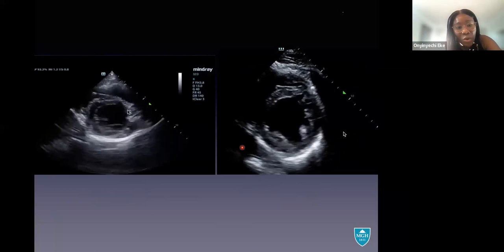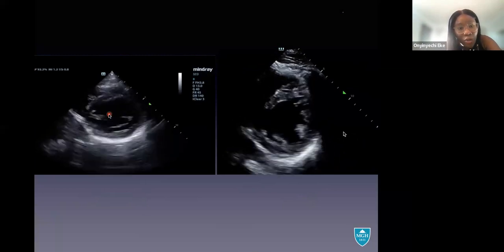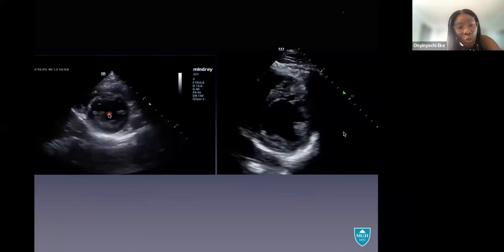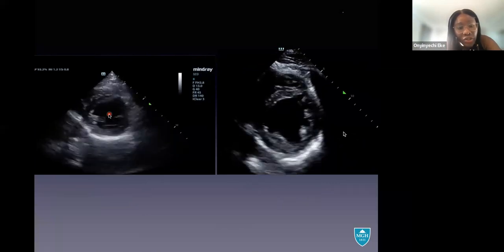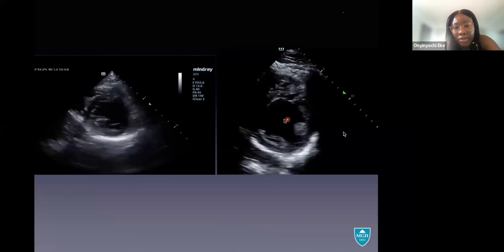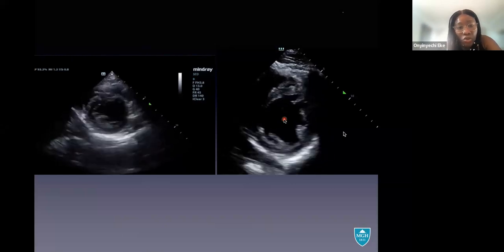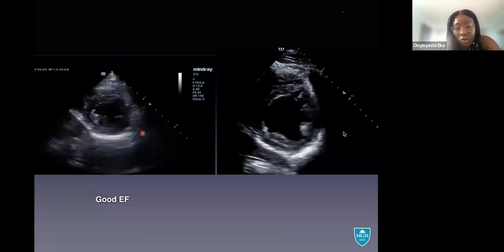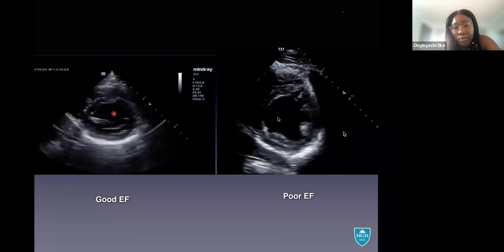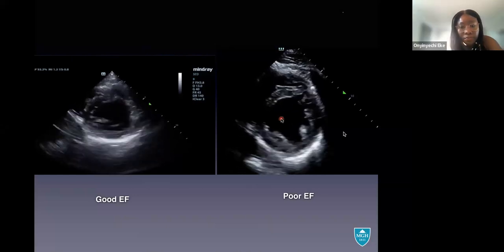So when I look at this one here, if I put this in the center, see how all the walls of that left ventricle are squeezing towards the center and doing so vigorously. Compared to here, look at the squeeze, barely doing anything. So this is normal or good, and this is poor. Okay.